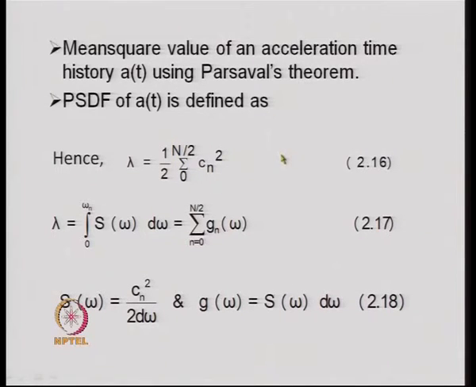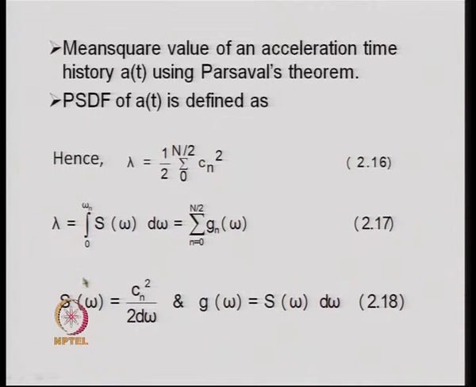So, C_n square is nothing but the real term square plus the imaginary term square, and half of this sum of those squares is equal to the mean square value.